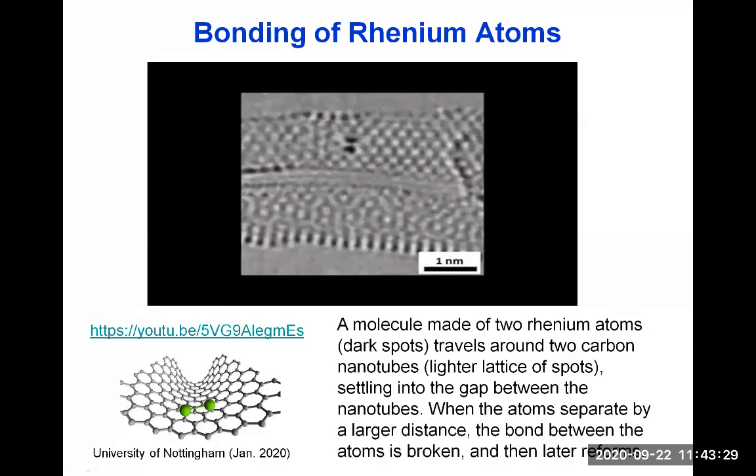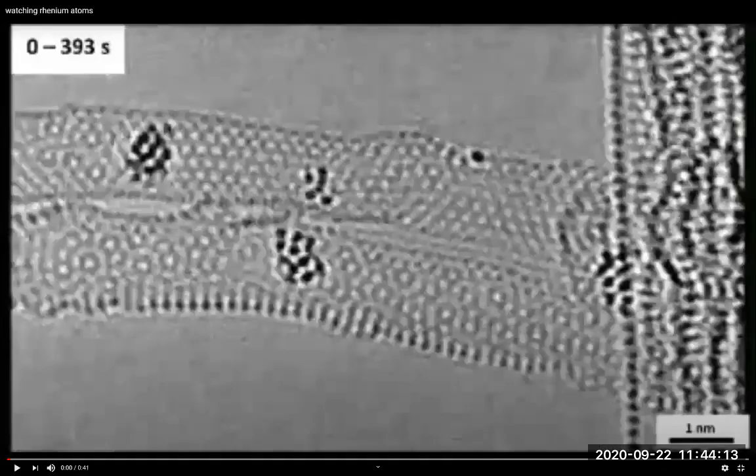And those two rhenium atoms will be moving and settling into the gap between the nanotubes. When the atoms are separated by a larger distance, the bond between them is broken, but then it reforms. So you will see how they are more stable when they are close together.